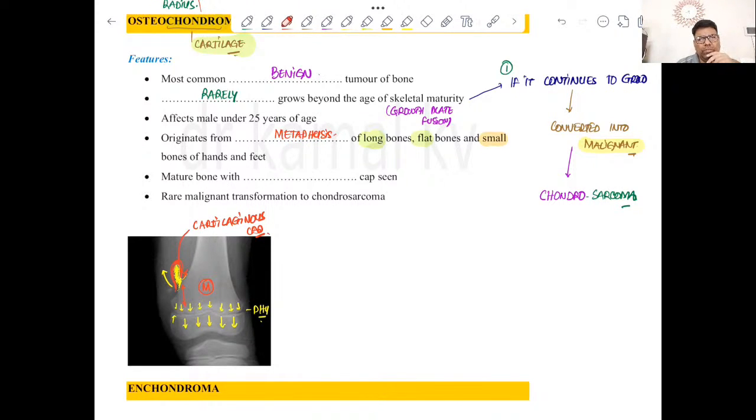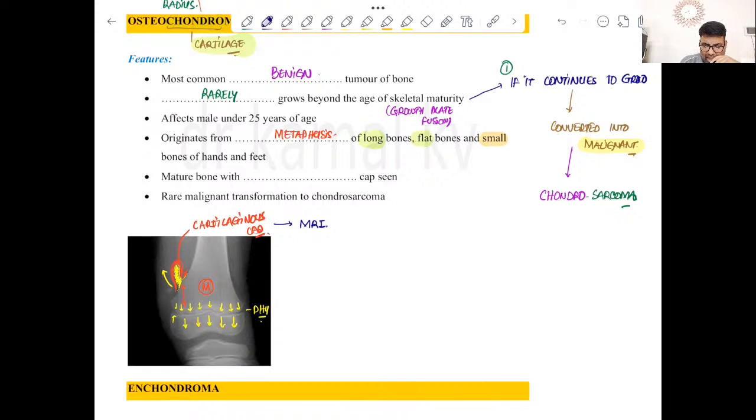Therefore we will perceive the tumor size as 1 centimeter, 2 centimeter, whatever. But when we operate, we will find that the actual size of the tumor is much bigger than what we have seen on X-ray. And why is it much bigger? Because of that cartilage cap, which can be seen with the naked eye but not on X-ray. So X-ray impression is always smaller as compared to the actual size of the tumor, right? And yes, this cartilage can be seen better on MRI.